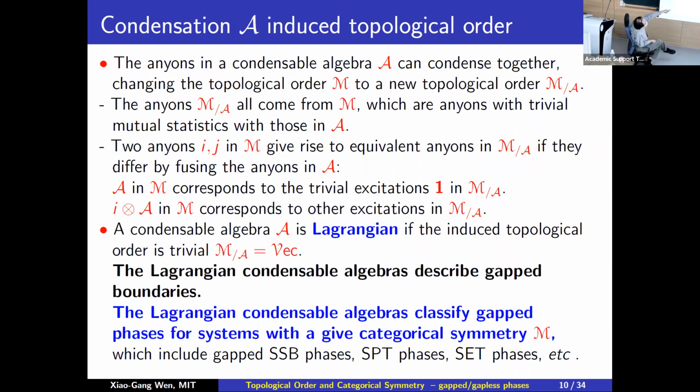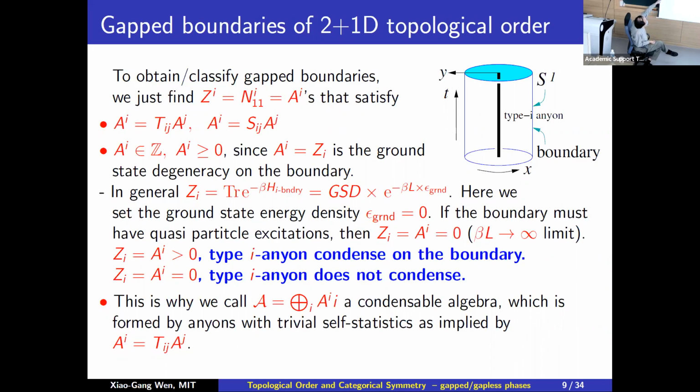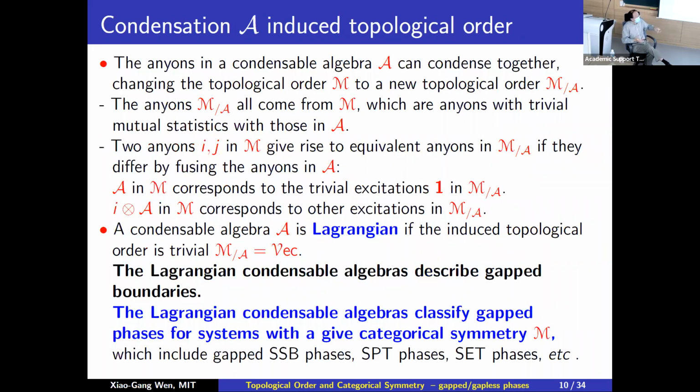Now I explain this induced topological order. Here I say anyons condense on the boundary, which is something strange. What do you mean by anyon condensing on the boundary? It's more usual to say anyons condense in the bulk, like the Higgs mechanism. In the bulk topological order, we have some anyons.